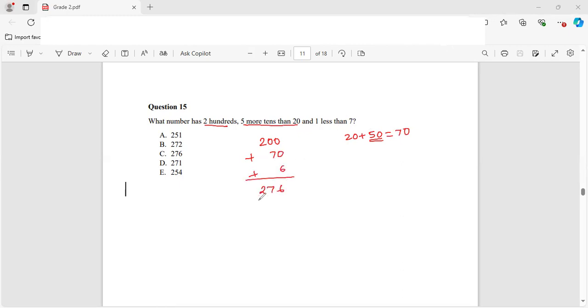So the answer is 276. Let's just read it again. Which number has 2 hundreds, 5 more tens than 20, which means it has 7 tens, and 1 less than 7, which is 6. So the number is 276.